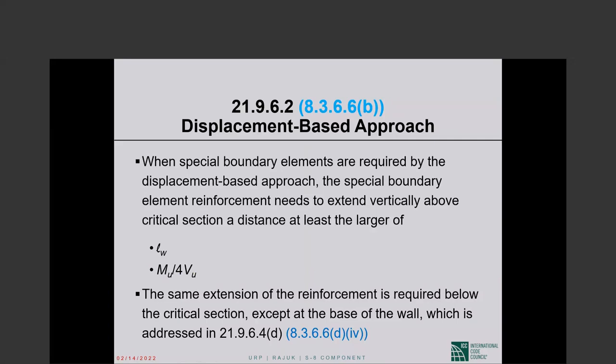Below the critical section, if the shear wall sits on another structural member of some kind, the special confinement shall extend into the supporting member by the same distance, L sub U, or 1/4 M sub U over V sub U. Or if the shear wall sits on a foundation or a footing, you shall go 12 inches into the footing.